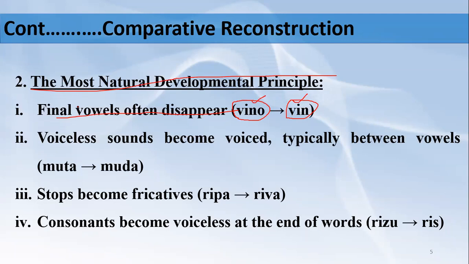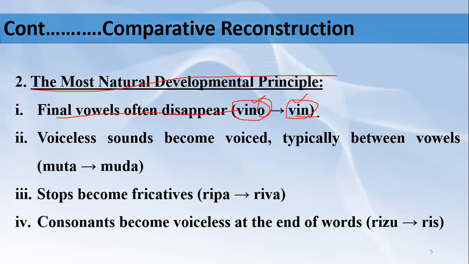So what happens, according to the most natural developmental principle, the first rule says that final vowels often disappear. If we look at this final vowel, initially it was vino, but later on it became win. So this is the first principle of the most natural developmental principle, that final vowels often disappear.